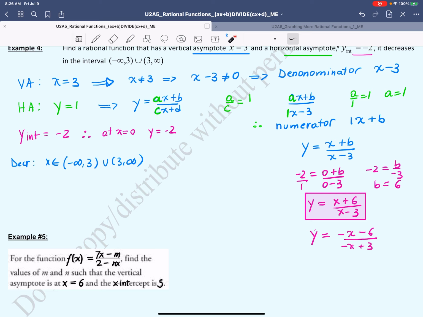It's the end behavior. So if I were to sketch the graph of this function with the information I have in hand, I would say that the vertical asymptote is at 3 somewhere. The horizontal asymptote is at 1.